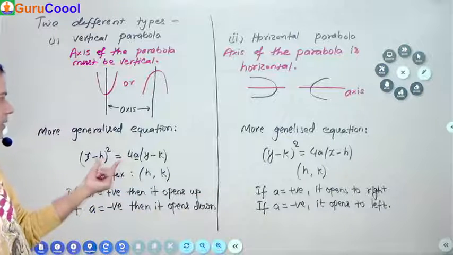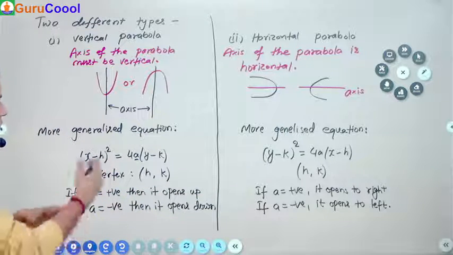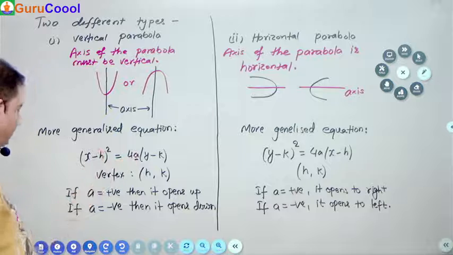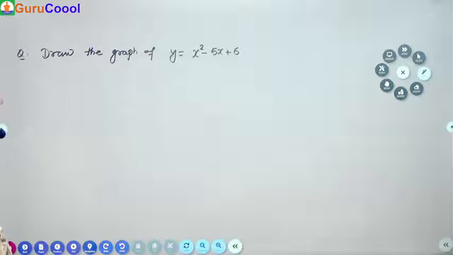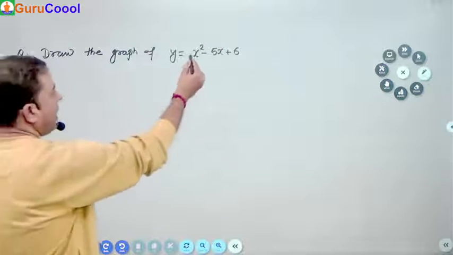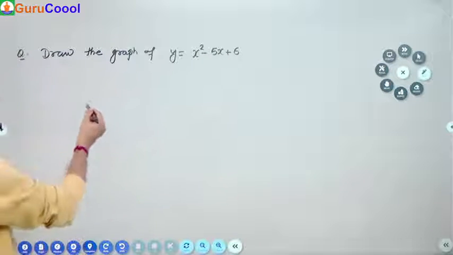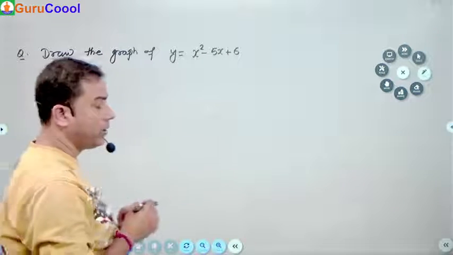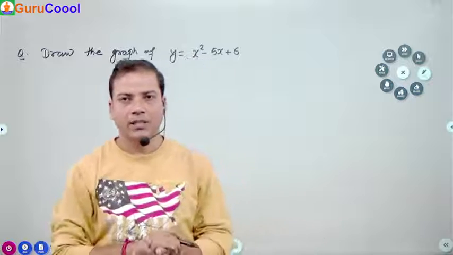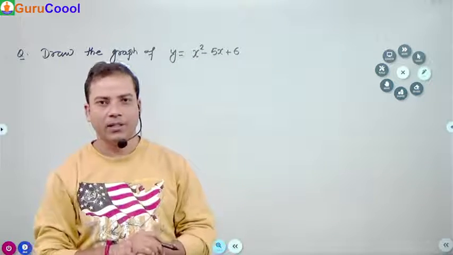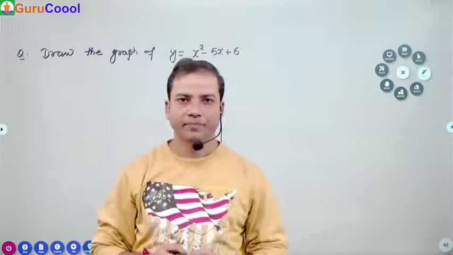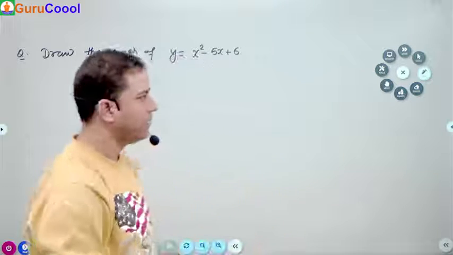This is the correct match. But how to write our equation into this form? Let us see. We have to make it a perfect square. How to? When you were in class 10, you might have studied about making perfect square method in quadratic equation chapter. So let me explain that once again.